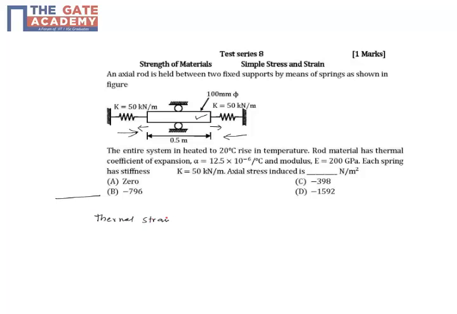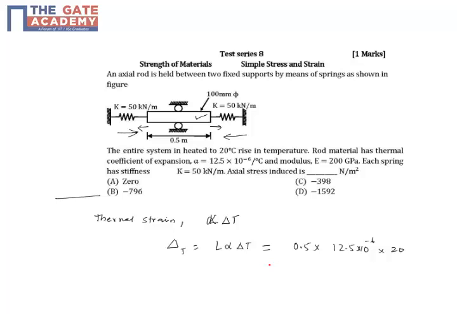Thermal strain is basically alpha delta t, whereas the thermal change in length is strain times length, so this is L alpha delta t. Length is given as 0.5 meters, alpha is given as 12.5 into 10 power minus 6, and delta t is 20 degrees.